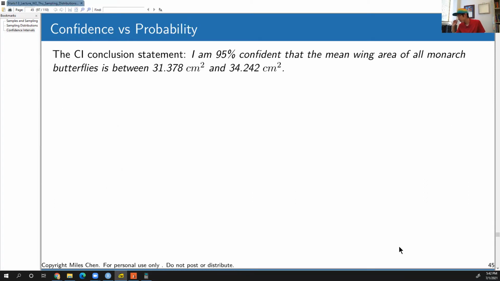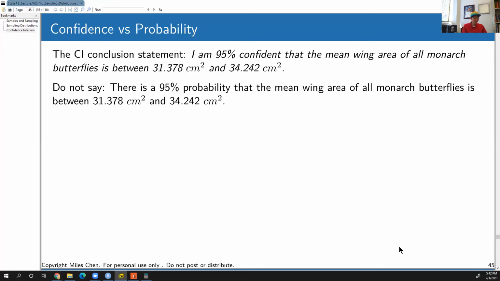Oh, okay. So this is one thing that we have to be careful about. So far, the statements we've been saying are something like, I'm 95% confident that the mean wing area of monarch butterflies is between these two numbers, 31.378 and 34.242.